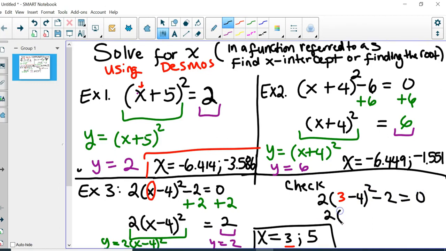So that'll be 2 times (3 - 4), which is negative 1, squared, minus 2 has to equal 0. Negative 1 squared is 1, so that'll be 2 times 1 minus 2 equals 0. 2 times 1 is 2, and 2 minus 2, does 2 minus 2 equal 0? Yes. So we know we have the correct answer, at least with 3. You would go ahead and do the same thing with 5. Plug it in and check. That's how you solve for x in these equations.